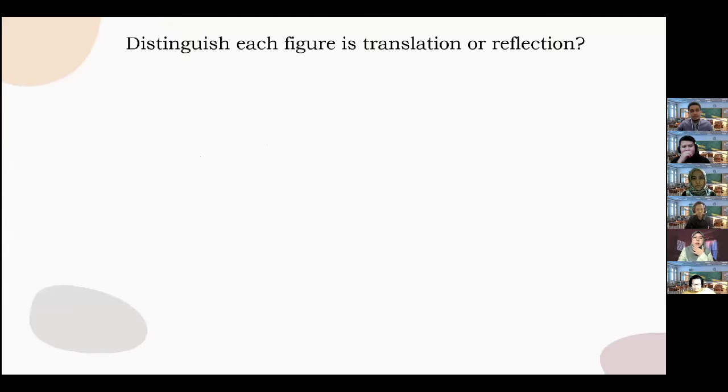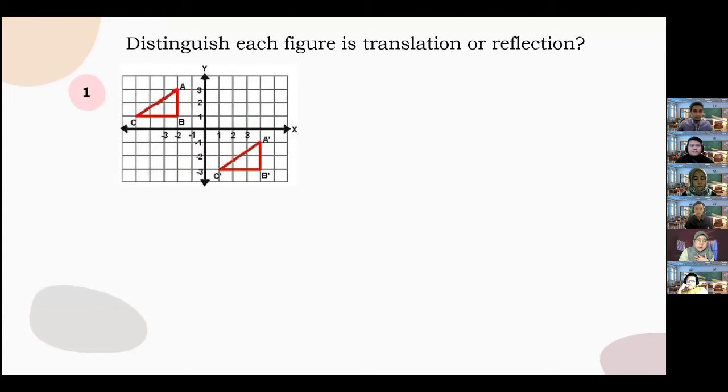Here I will give you 5 figures and I want you to figure out whether each figure is translation or reflection. The first one, what kind of transformation is this? Translation. Yes, correct.